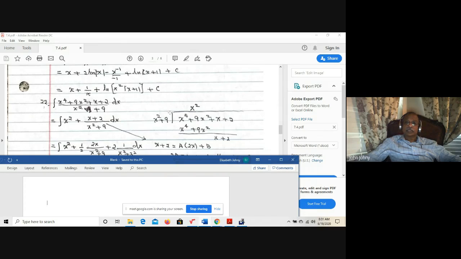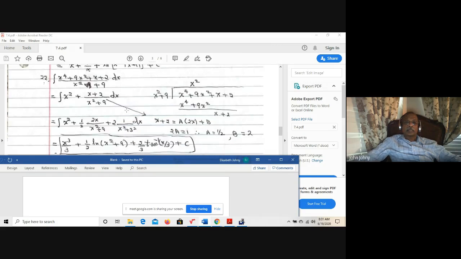So the quotient is x squared, and that expression is x squared plus the remainder over the divisor, x plus 2 over x squared plus 9. So x plus 2, I have written as a times 2x plus b.